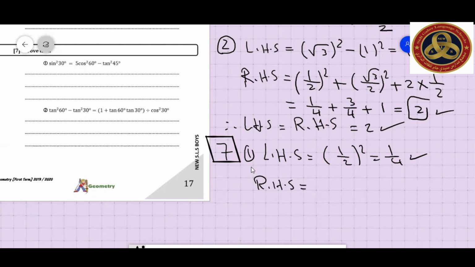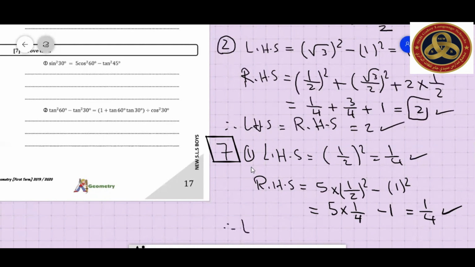The right hand side will be 5 times cosine 60 power 2, cosine 60 half power 2, minus tan 45 power 2, 1 power 2. You can calculate it. 5 times 1 over 4 minus 1. It will be 1 over 4 by the same way. From the first step and the second step, therefore, the left hand side equals the right hand side equals 1 over 4.